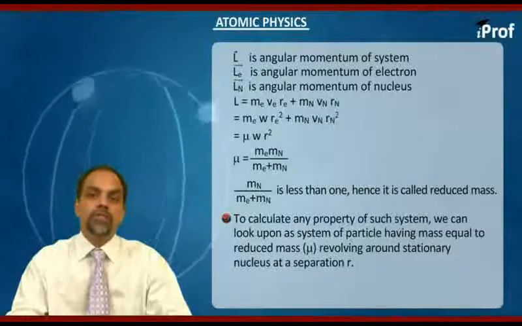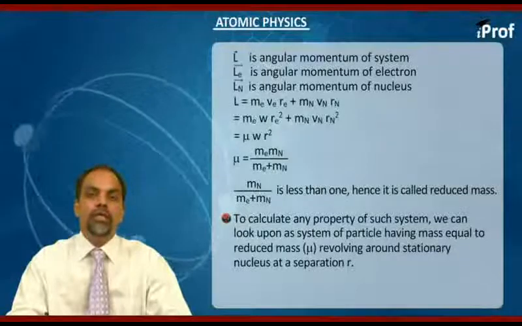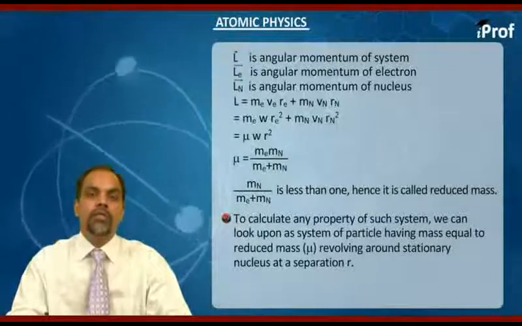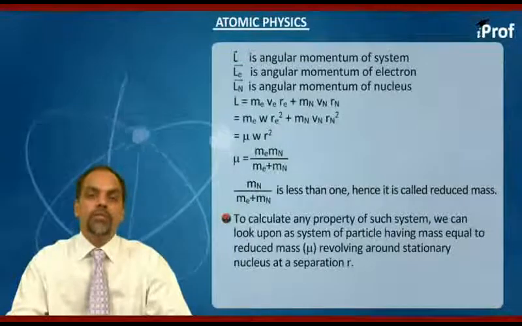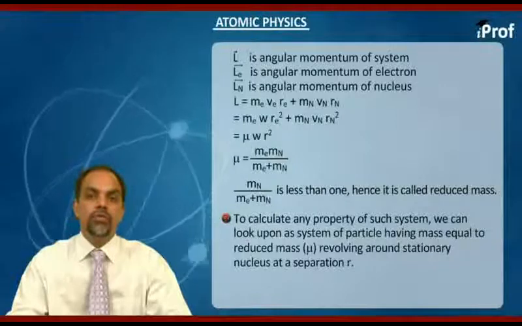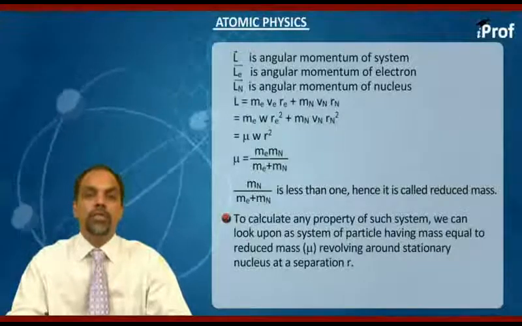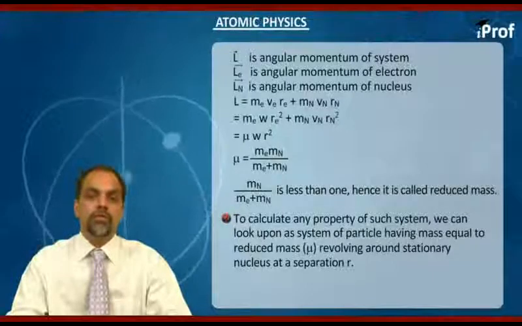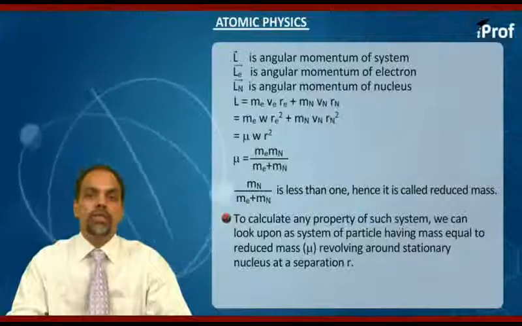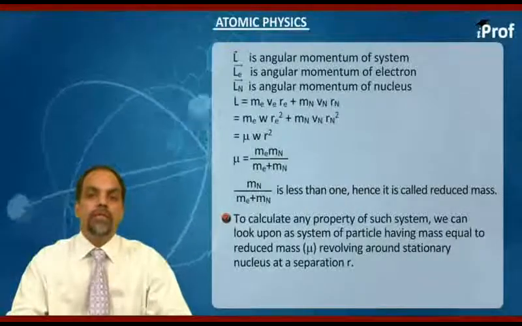Now when we make substitution for these values of Re and Rn, we get the angular momentum of the system. And the final expression for angular momentum of the system is L = μωR². Again, μ is the reduced mass of the system. The expression for reduced mass of the system is Me Mn divided by Me + Mn.